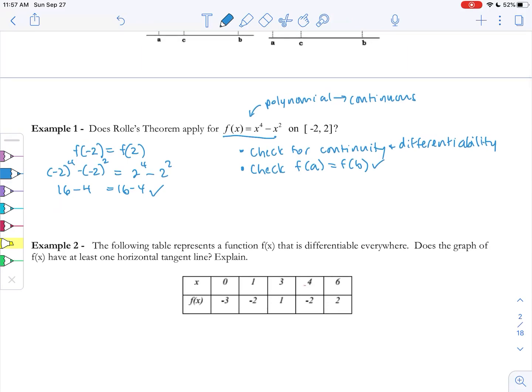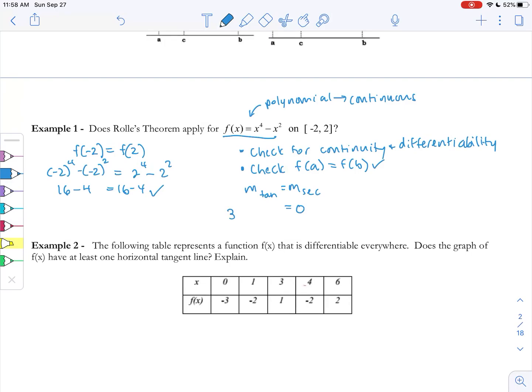And then we can apply Rolle's theorem. So for this one, if they had asked what value of c guarantees this, we would say the slope of the tangent line must be equal to the slope of the secant line, with this being the special case in which the slope of the secant line is 0. And we would say that the slope of the tangent line is the derivative.